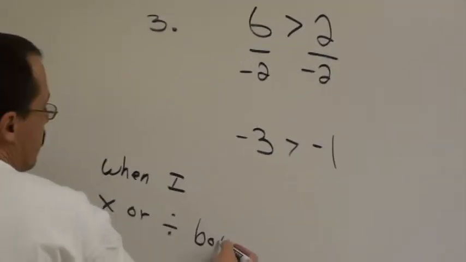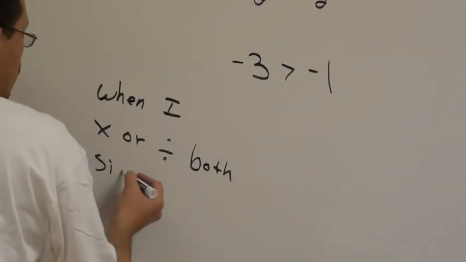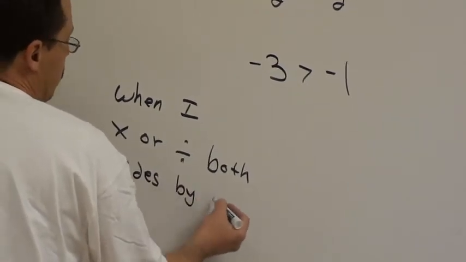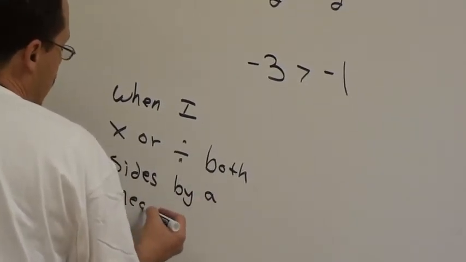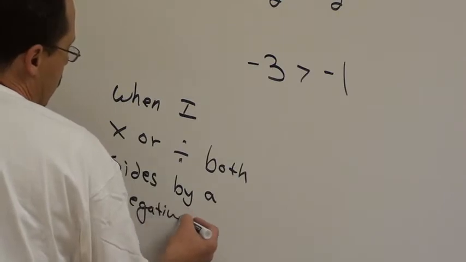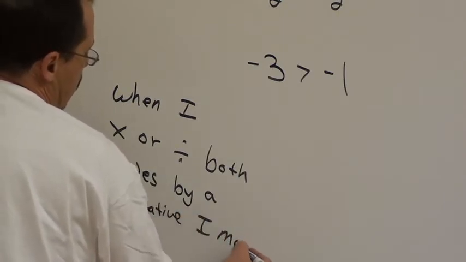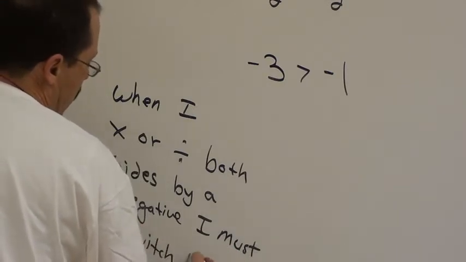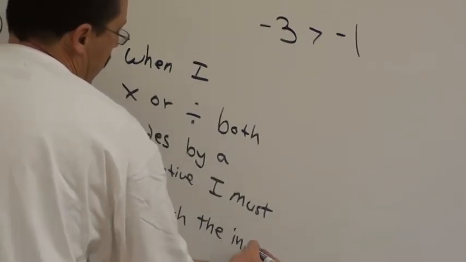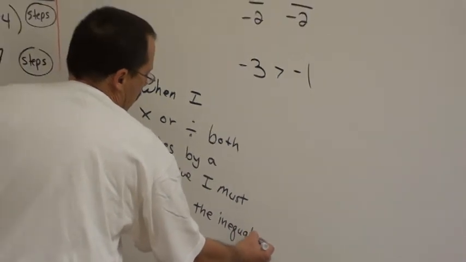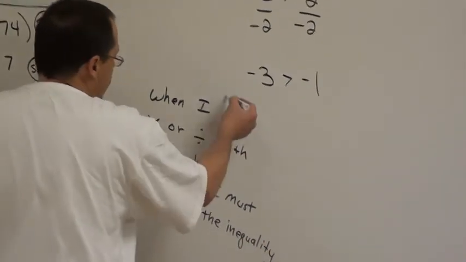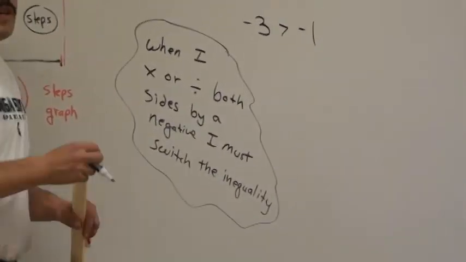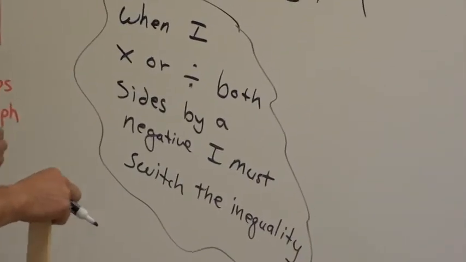Both sides by a negative, I must switch the inequality. And then you can kind of zoom in on that. Then Patrick can hit pause and get it all written down if he needs to.